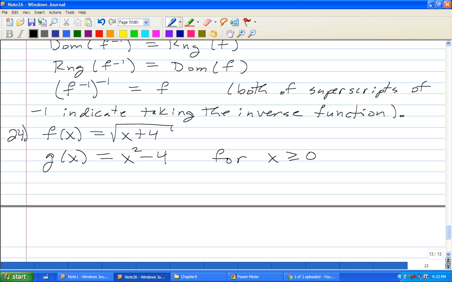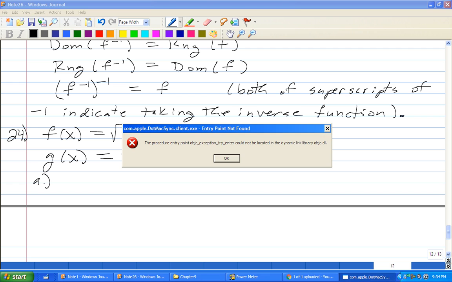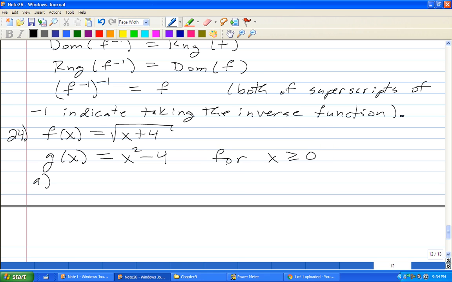So let's do part A. Let's compute f composed with g at x, and let's see if this is equal to x.